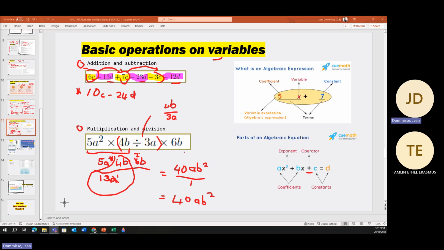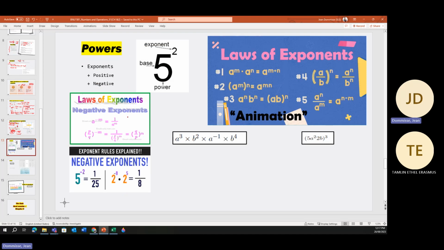Okay, so that is basic operations with variables on addition, subtracting, multiplication, and division. So the next one that we will look at is powers, and also included here is some of the laws of exponents.